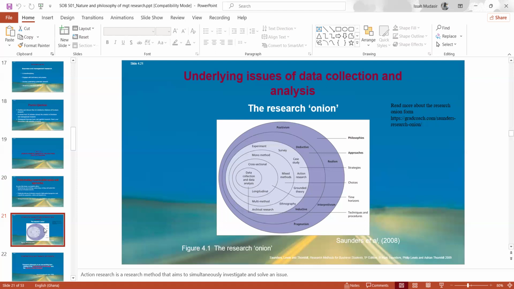Or it can be one individual. You can have a single case study or multiple case studies. Or you want to do a survey where you distribute questionnaires around and collect data. Or you want to do action research where the research is intended to cause a change in behavior or attitudes of the people. Or you want to develop theory, in which case you use what we call grounded theory.